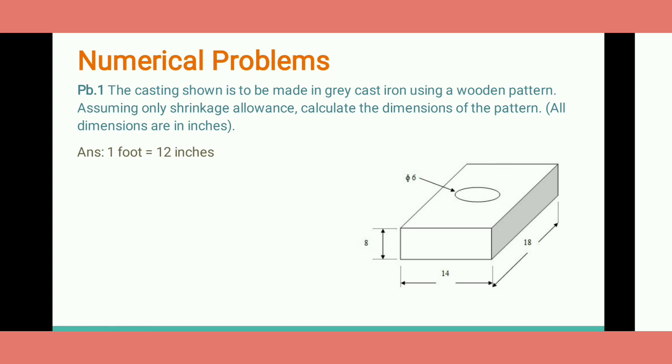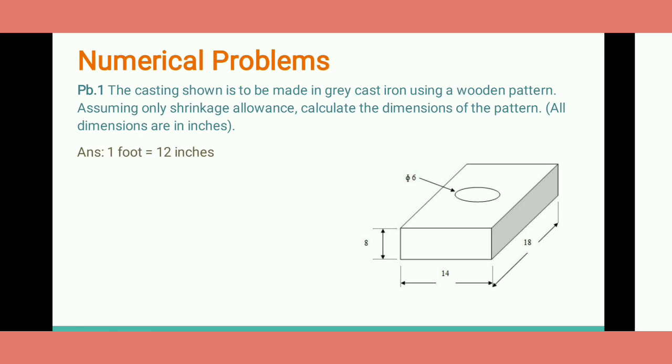These dimensions are given in inches, so first we are converting them into feet, and we'll see whether the range is less than 2 feet, between 2 and 4 feet, or above 4 feet. We'll take the rate of contraction accordingly.